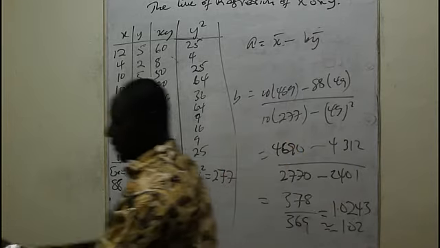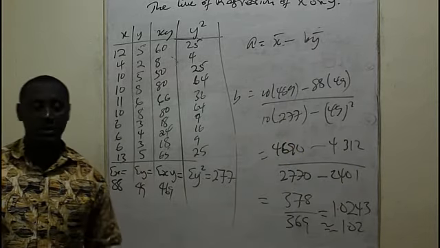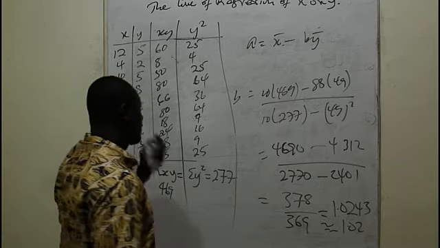Remember, we got an equation, and that equation was of that form. Okay, and so now that we have this, I'll just substitute the value of the B into the equation. And what is it giving me?